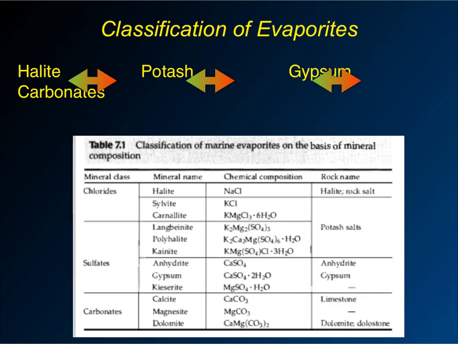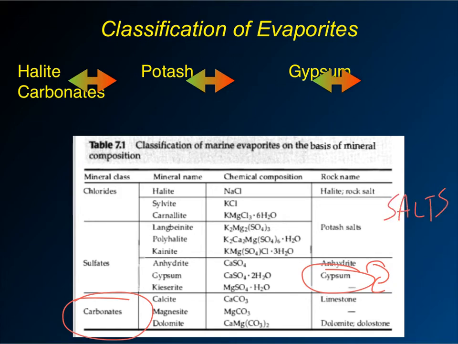But again, these are the different types of evaporites that you're going to find in lake basins. Everything from carbonates, so calcium carbonate, limestone, dolomite, to the sulfates, which the most common would be gypsum, and its relative. Basically, if you take the water out of gypsum, you get anhydrite. And then finally, the chlorides, which are going to be your typical salts.